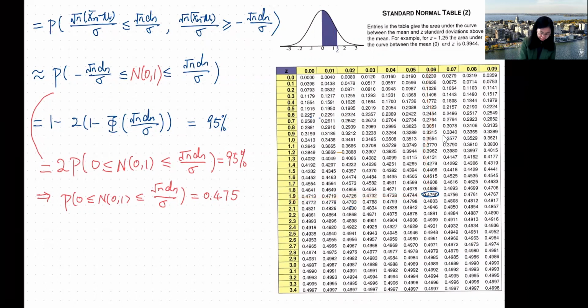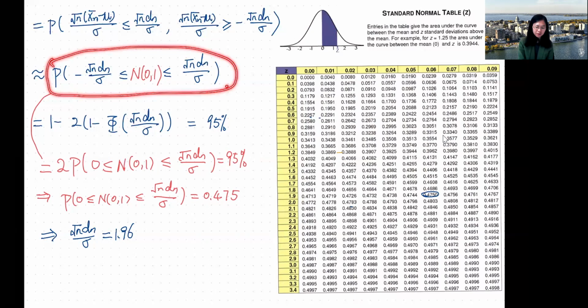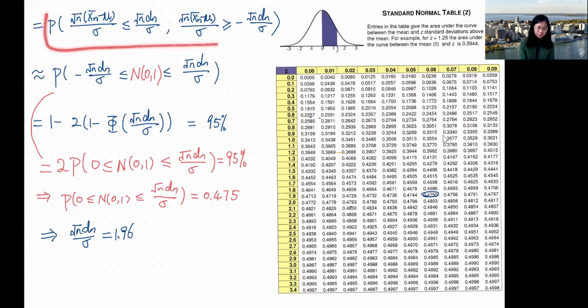So therefore, root n Dn over sigma should be 1.96. If root n Dn over sigma is 1.96, then this probability is 95%, and the coverage probability of our confidence interval is approximately 95%.